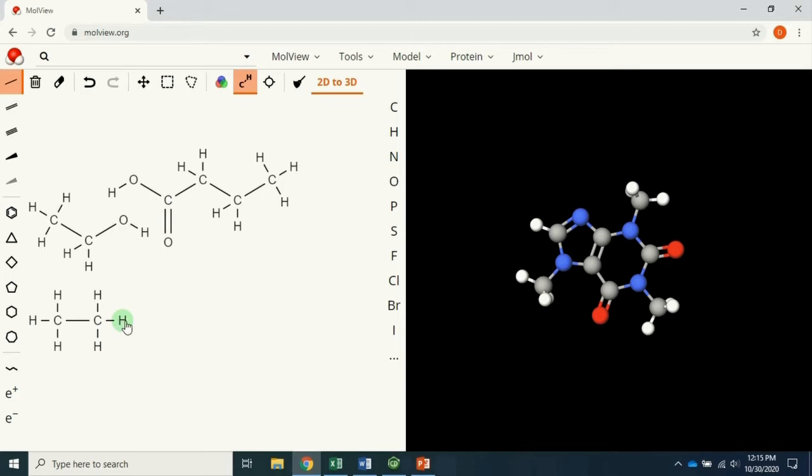This will become the O, a single bond here, then a double bond here.